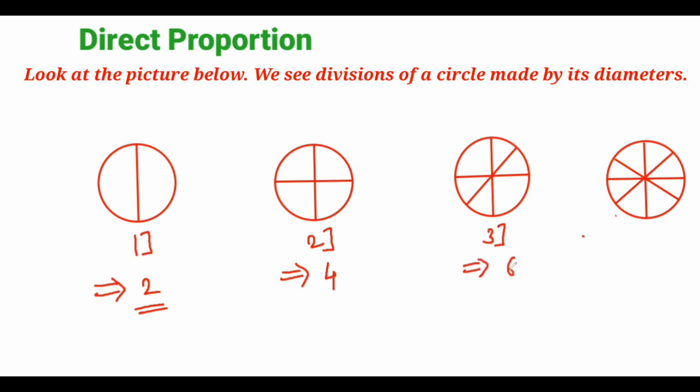In third figure, there are six divisions of a circle made by three diameters, and in fourth figure, four diameters make eight divisions of circle. So now we are going to take the ratio of division of circle as well as diameter.